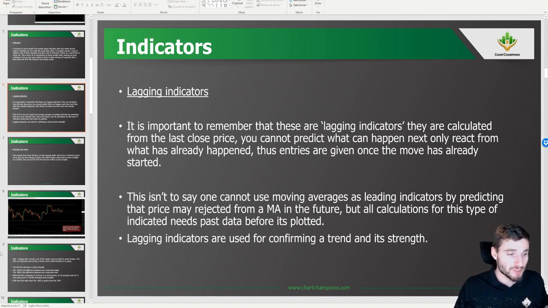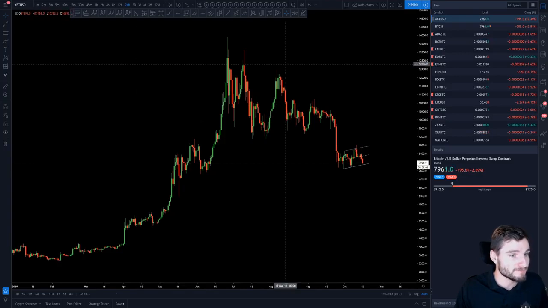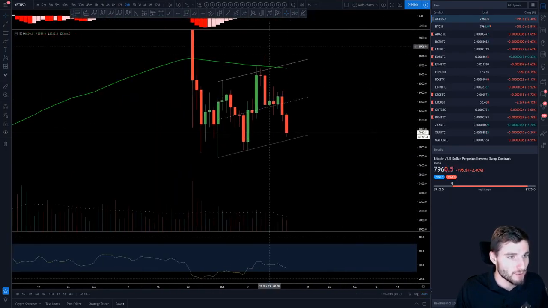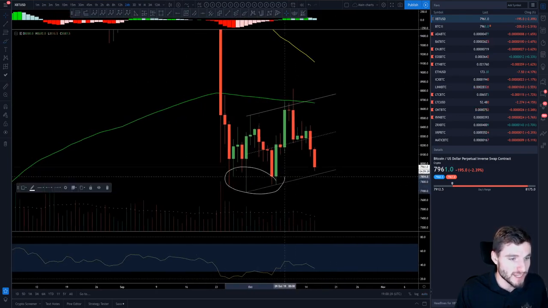I also want to note that this isn't to say you cannot use moving averages as a leading indicator, by predicting that price may be rejected from a moving average in the future. The best example of this is on the daily here. Load up the 200. What we can see is the 200, as price came back down below the 200, say here.